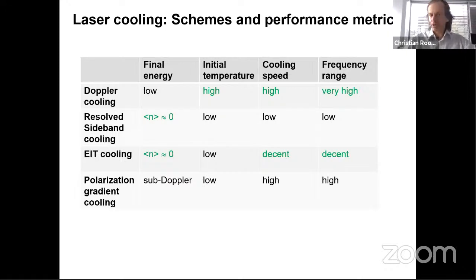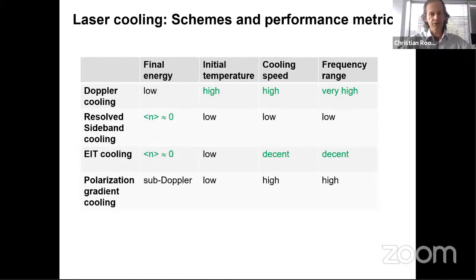For example, you might be interested in achieving just the lowest possible final energy of an ion after having laser cooled the ion, or you might want a scheme that is good for cooling ions that are initially at a high temperature, because other schemes might fail in this case, or you might be interested in a scheme enabling very fast cooling, or you might want a scheme that is good at cooling vibrational modes of motion of an ion or of an ion crystal over a wide frequency range.